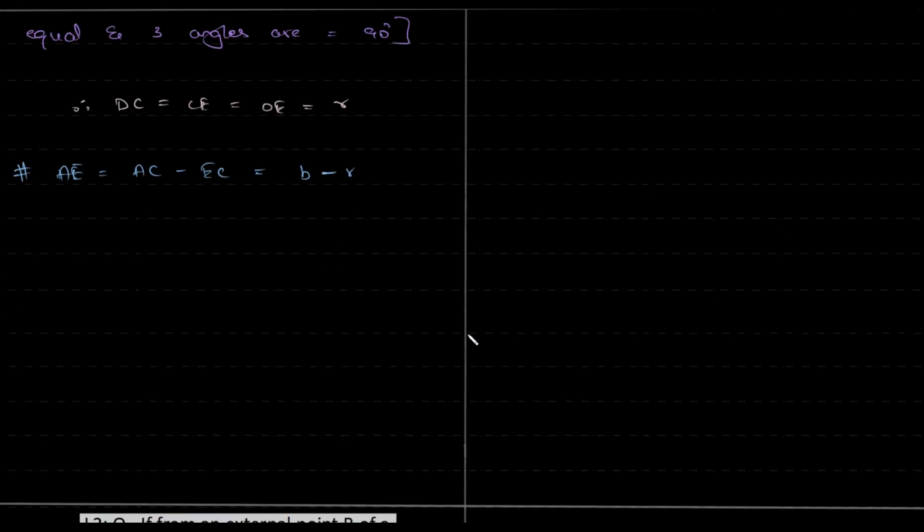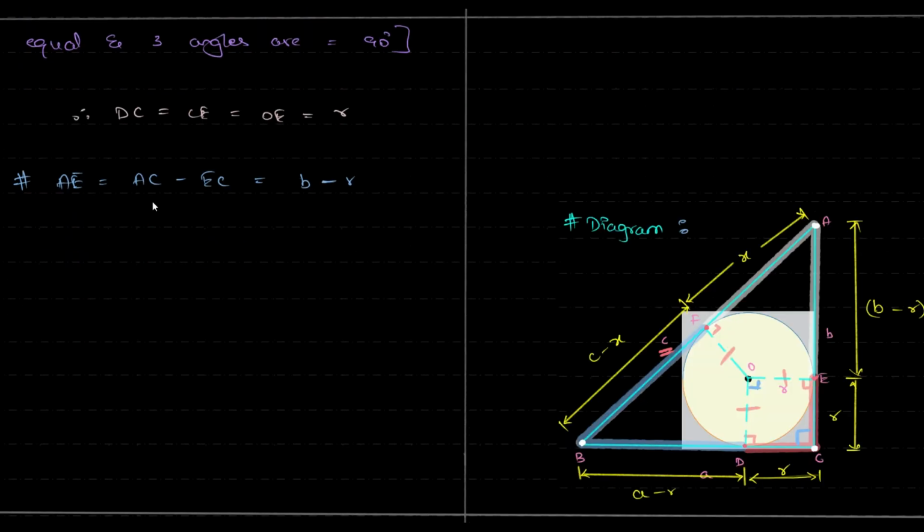Just a second, let me arrange all of this. So where were we? Right, I got an expression for AE. Then we'll write an expression for BD as well. So BD is equal to BC minus DC, which is equal to A minus R.